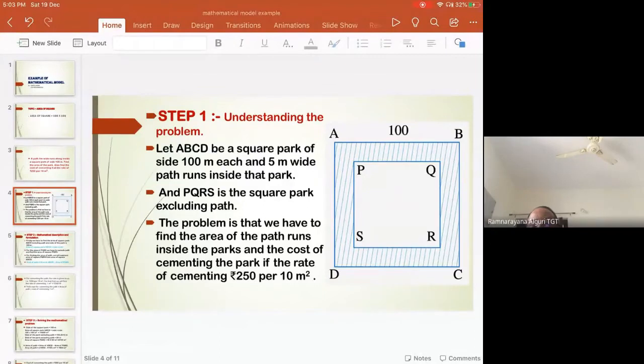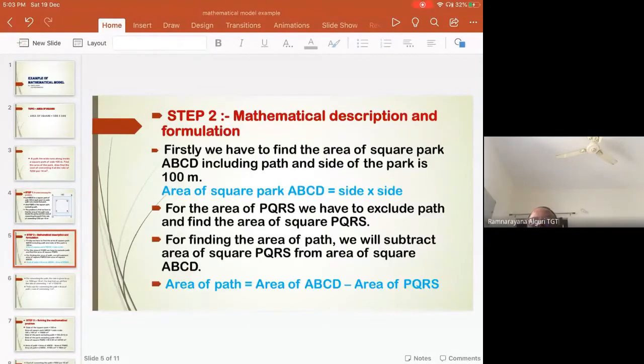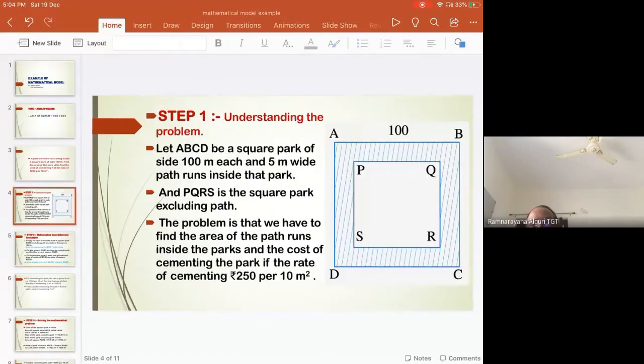The next step is the mathematical description and formulation. As we can see in the first slide, we are going to use the area of a square, that is side into side. So first we use the area of square ABCD, side into side. After that, we have to find the length of PQ, which excludes the 5 meter wide path.